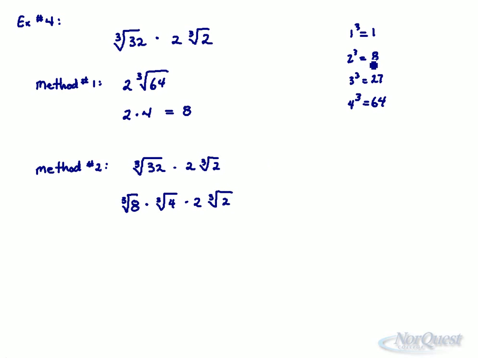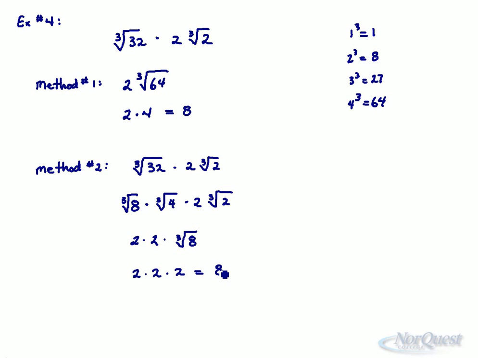Well, the cube root of 8 can be written as 2. Cube root 4 times cube root 2 can really be written as 2 times cube root 8. It's taking me a few more steps, but I still get to the same answer, because the cube root of 8, again, is 2, which I can simplify to getting 8.